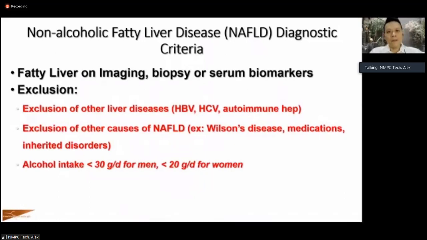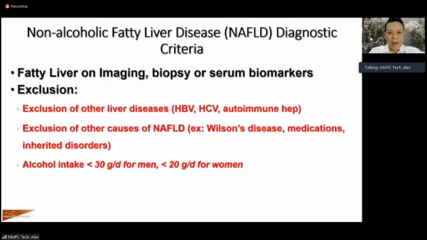Because once you diagnose fatty liver either on imaging using your ultrasound or CT or MRI, or you did a biopsy, or sometimes there are special serum biomarkers such as a fatty liver index that can detect fat in the liver, once you have that, then you have to rule out other causes of chronic liver diseases.